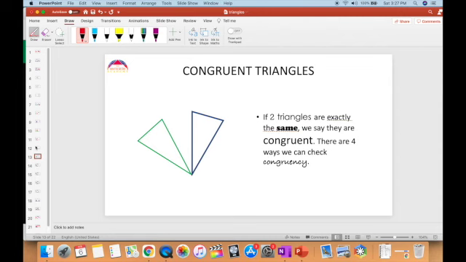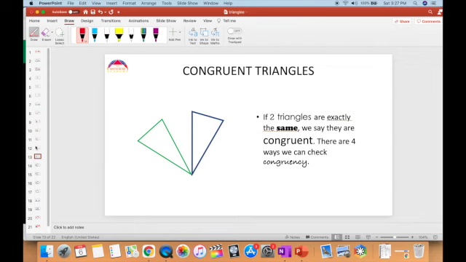Now, we're going to talk about congruent triangles. Anybody want to explain to me what this whole congruent triangle business is about? Congruent triangles simply mean 2 triangles are the same. That's all. So if 2 triangles are the same, then they are congruent. You understand?